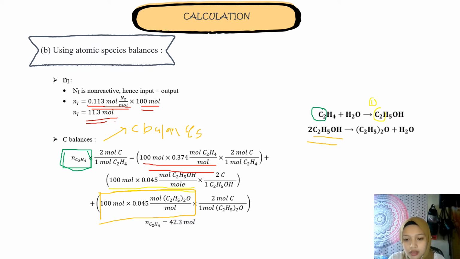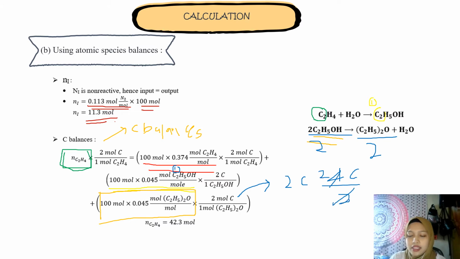For your information, why I use 2 moles of C: because in the ethanol calculation I just use 1 mole of ethanol. So when I divide 4C by 2, there are left 2C.